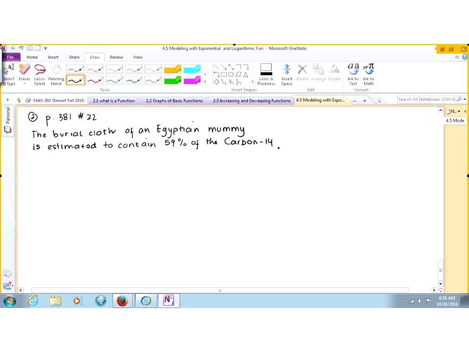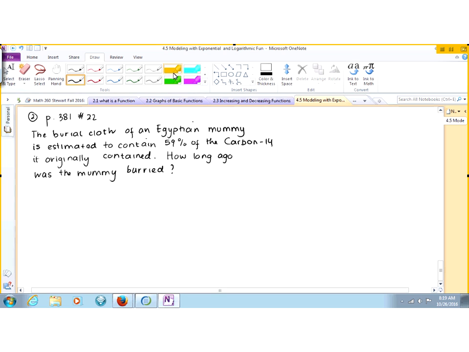This is the radioactive carbon that I was talking about previously. Carbon-12 is stable, but carbon-14 is radioactive. It originally contained. Okay, how long ago was the mummy buried?